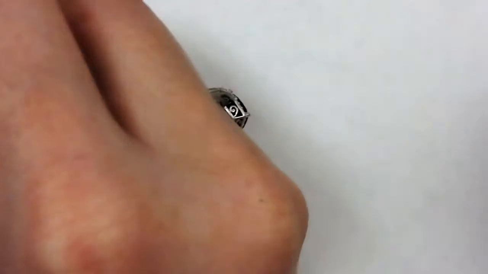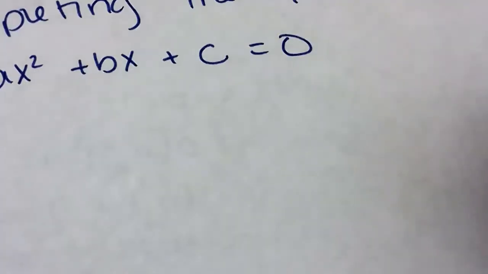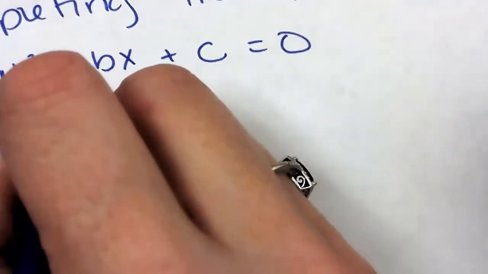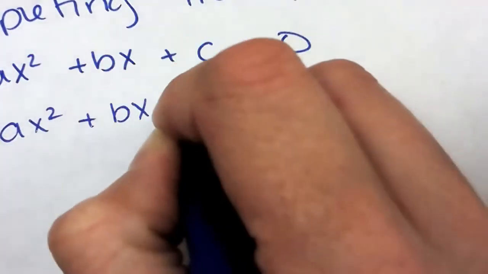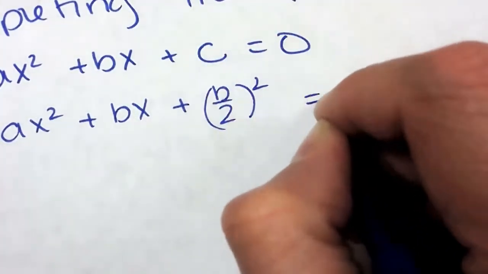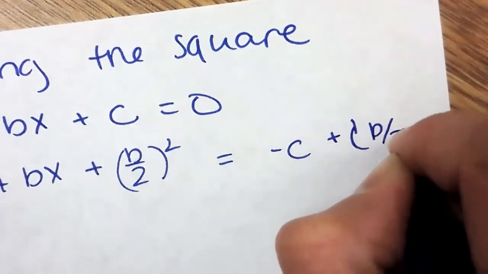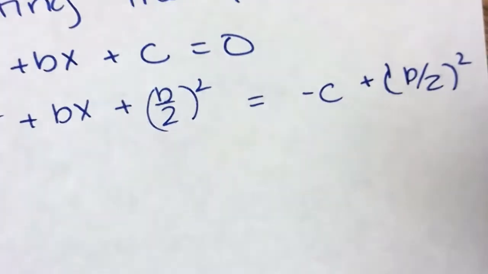We have completing the square. So that's where you have ax squared plus bx plus c. And then you want to complete your square. So you get ax squared plus bx plus b divided by 2 squared equals negative c plus b divided by 2 squared.